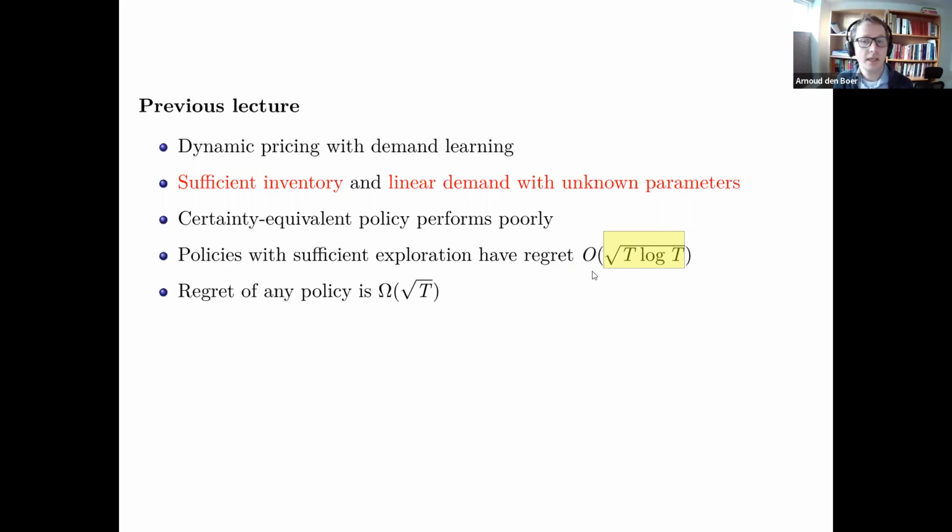If it's slower than T, that's good, and you want this rate to be as small as possible. We look at regret rates because we cannot really compute an optimal policy for any given finite T, except in very simple settings. So we know that our policies have regret close to square root T, and that is the best possible.